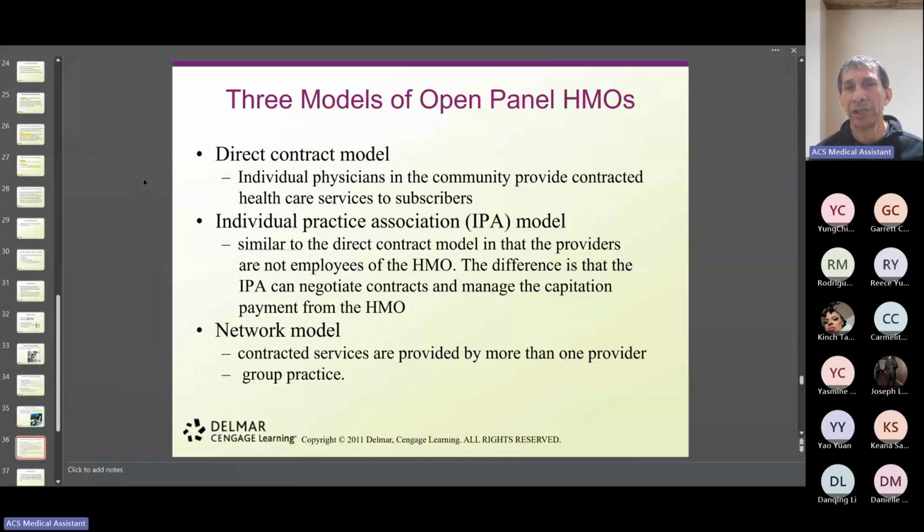The direct contact model. Now, remember, these are open panel HMOs. Individual physicians in the community provide contracted healthcare services to our subscribers. So now, this is a medical doctor.